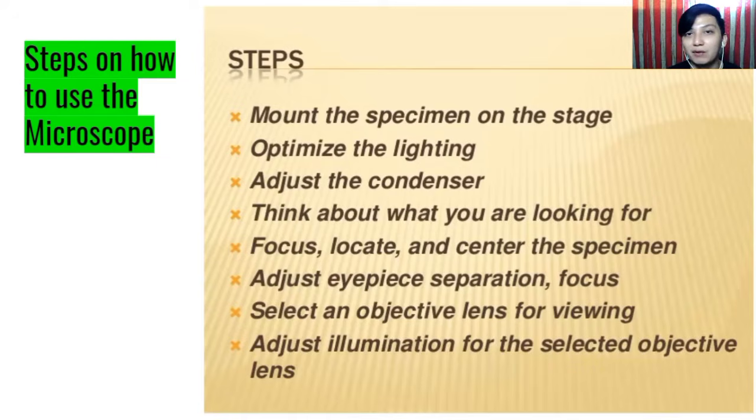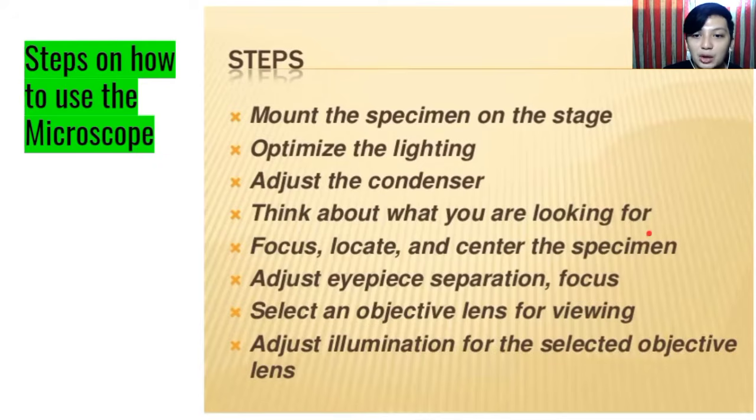So if you are looking, for example, at a cell, specifically an animal cell, you are looking for the nucleus, hinahanap mo yung nucleus o kaya yung cytoplasm gamit ang microscope mo, then you can adjust the stage clips. Okay, so meron doon. Pwede namang gamitan mo na lang ng kamay or yung sinasabi kong knob, stage clip knob.